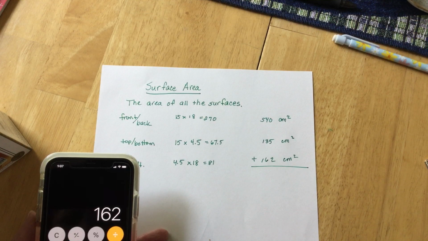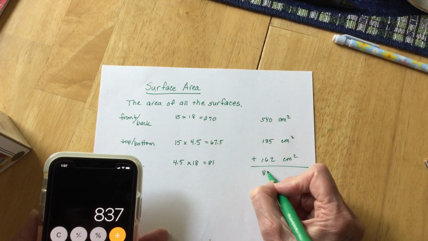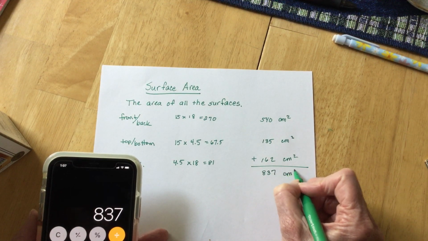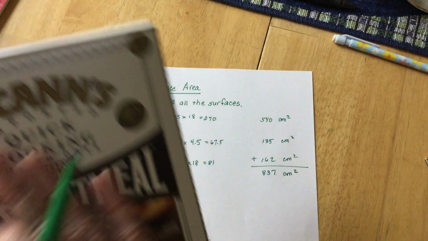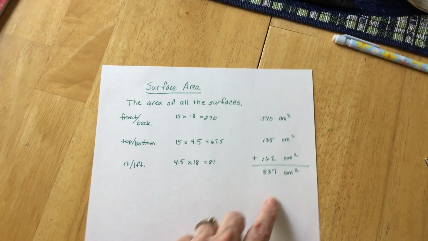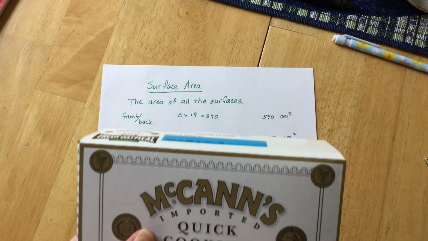And then you just add them all together. So 162 plus 135 plus 540 is 837 centimeters squared. So that would be the surface area. If I wanted to cover this with paper, that would be how much paper I would need.